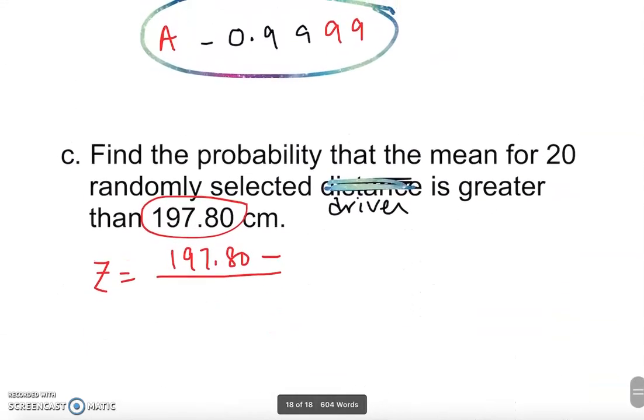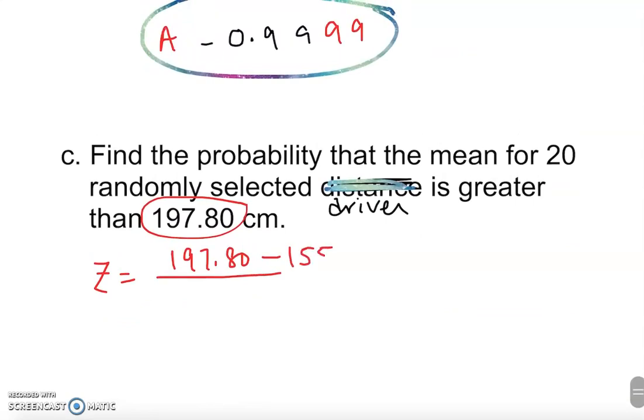Remember, this information is given earlier, 155, over the standard deviation 33 over square root of 20. Remember this is the n, and that information was given in the original problem.